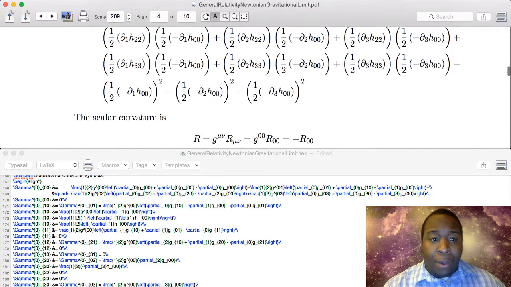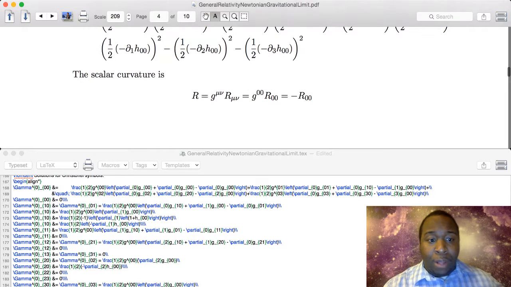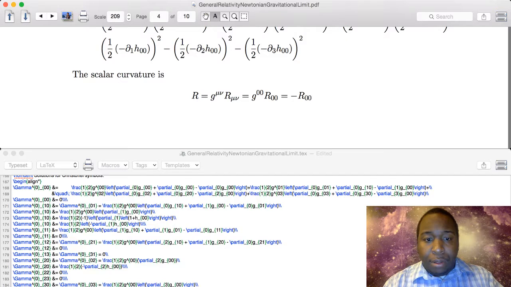And so now we can go ahead and define what the scalar curvature is going to be. Again, I'm just using the definitions that are given for these particular elements or variables. We end up getting that the scalar curvature is basically equal to the negative of our 0,0th element of our Ricci curvature tensor.